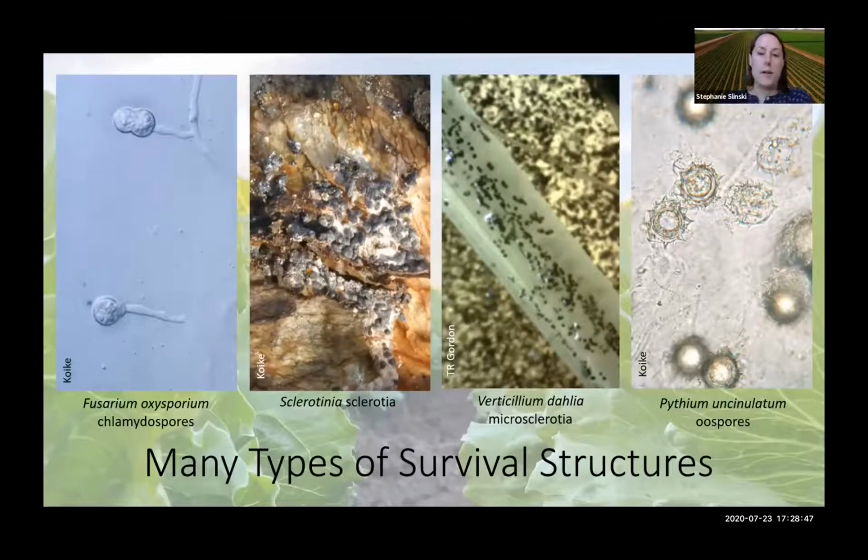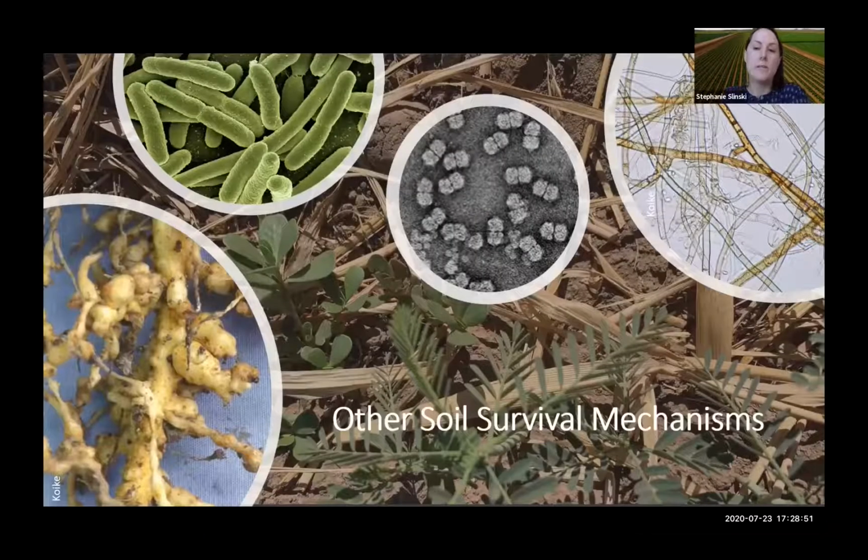And there are also other mechanisms of survival, like alternative hosts, such as weeds, or crop debris. These act as a reservoir of these pathogens. Some pathogens like Fusarium and Sclerotinia will survive in these types of materials.